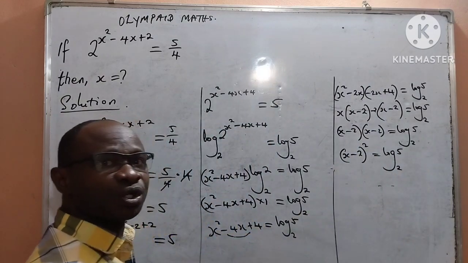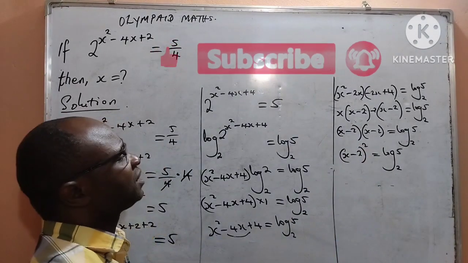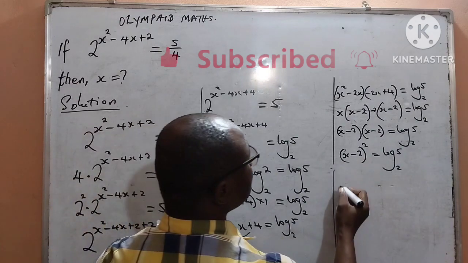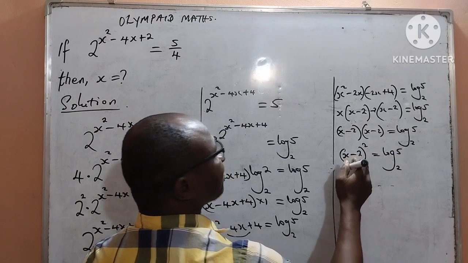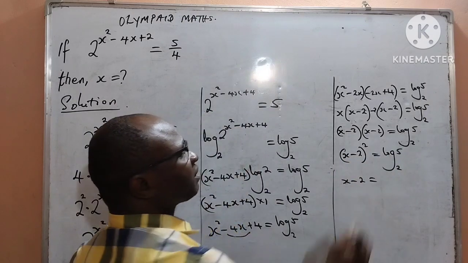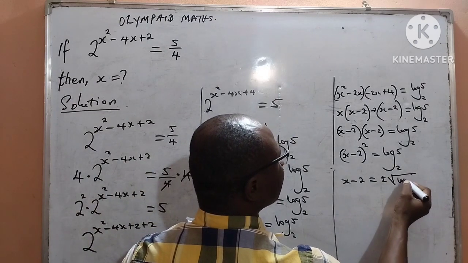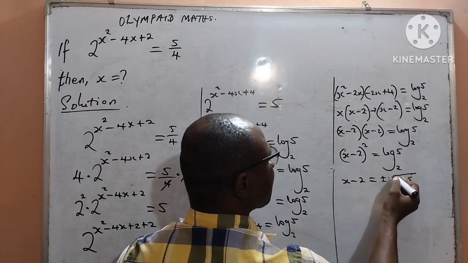The next thing I will do is to take the square root of both sides in order to clear this power of 2. And when I take the square root of both sides, the square root of the left hand side will give me x minus 2, while the square root of the right hand side is going to be plus or minus the square root of log of 5 base 2. So this is what I will have.